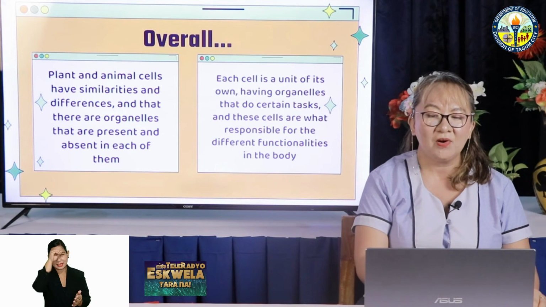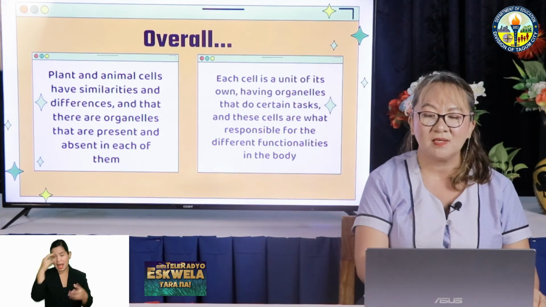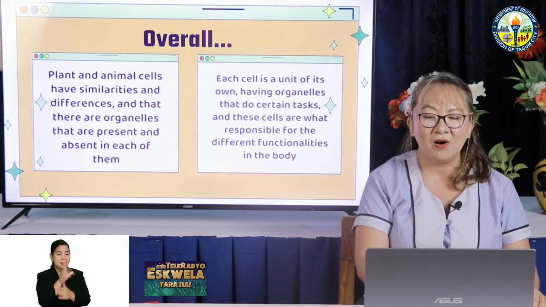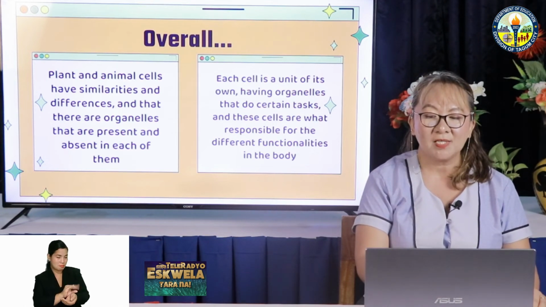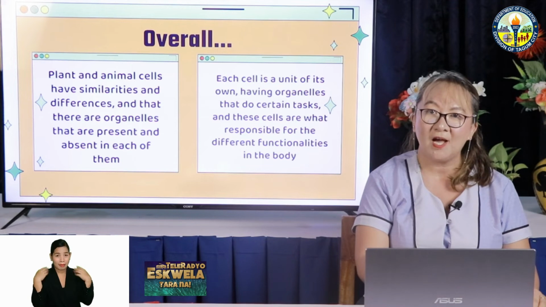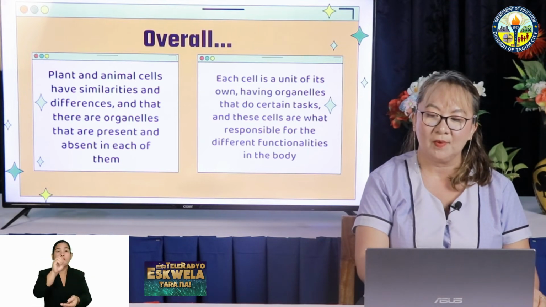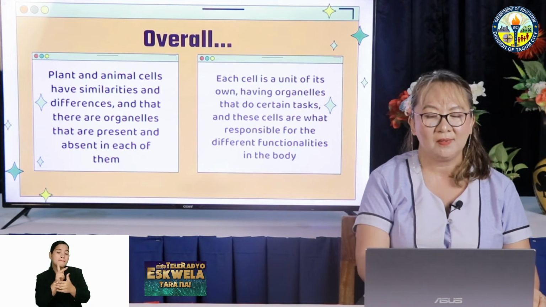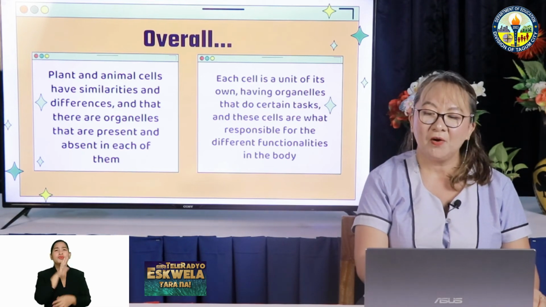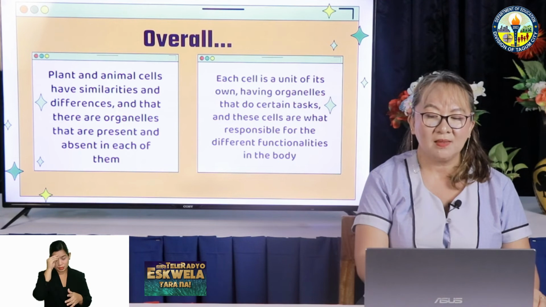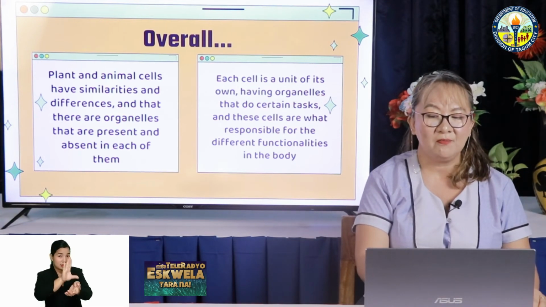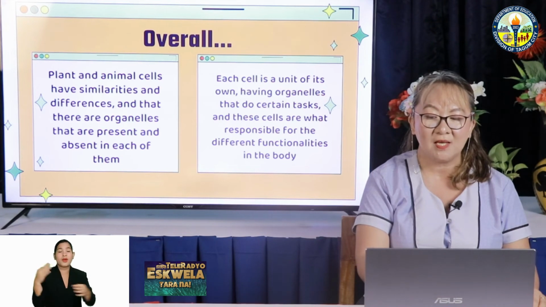You learned that there are similarities and differences among plant and animal cells, and that there are organelles that are present and absent in plant and animal cells. You also learned that each cell is a unit of its own, having organelles that do certain tasks, and these cells are what responsible for the different functionalities in the body.